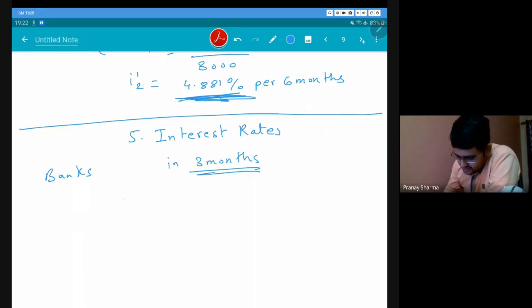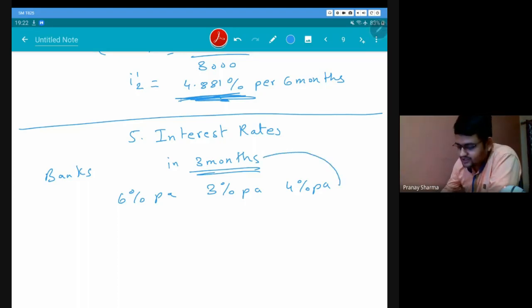So they will say 6% per annum, or 3% per annum, or 4% per annum, whatever. They will always give you a rate of interest on a per annum basis. And if they are mathematically correct, they will say that the interest would be paid every 3 months.